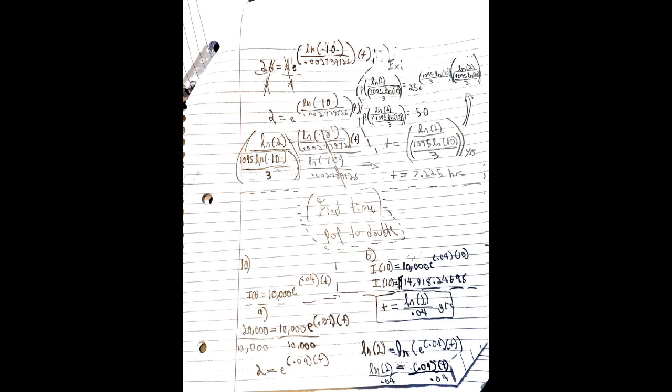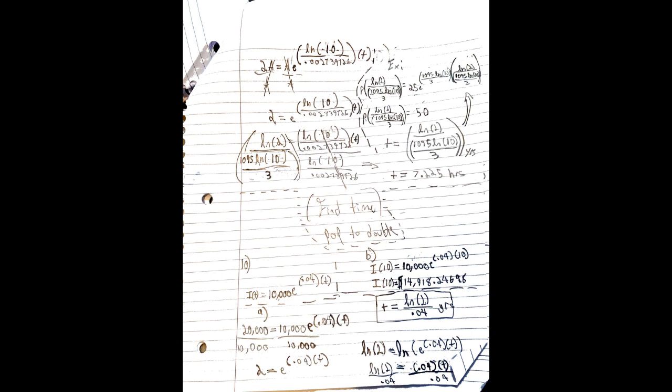If you just look at the right side right here, you can see that as I was plugging in my answer, which is ln of 2 over 1095 ln of 10 over 3, when I plugged it in, I got that my population doubled in a matter of 7.2 hours.